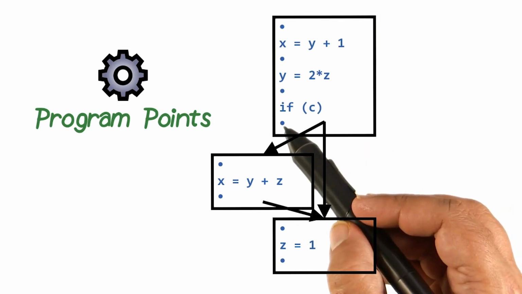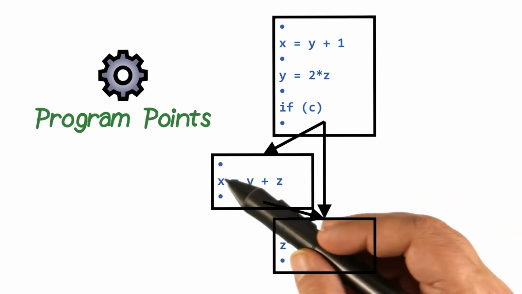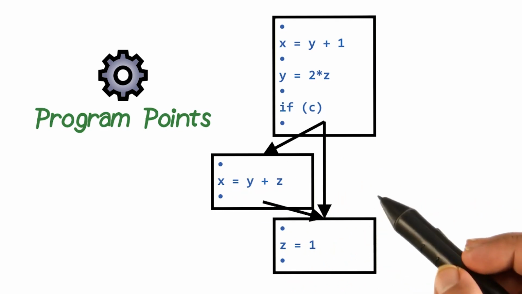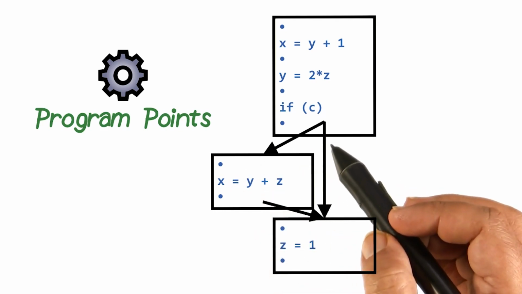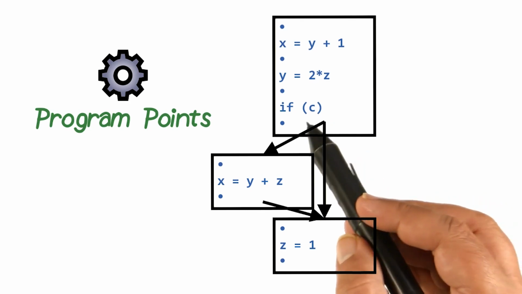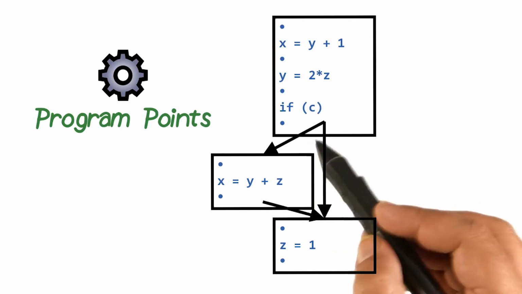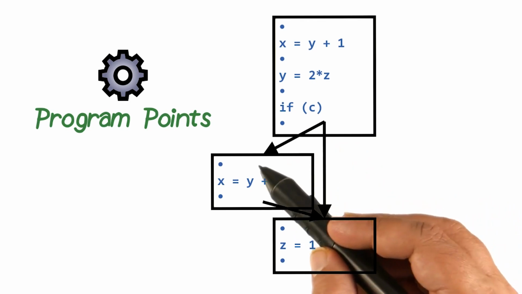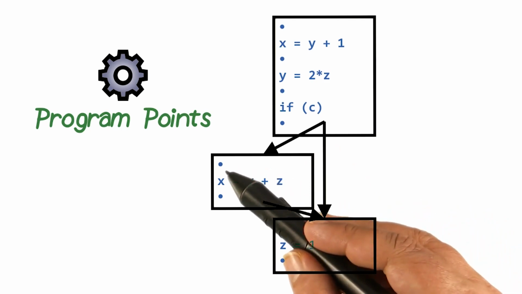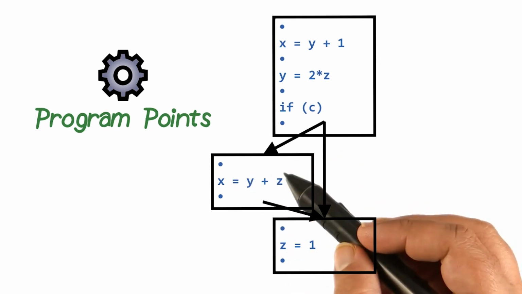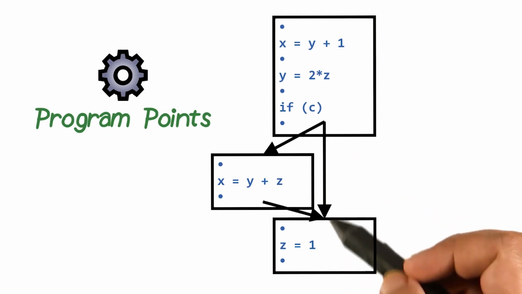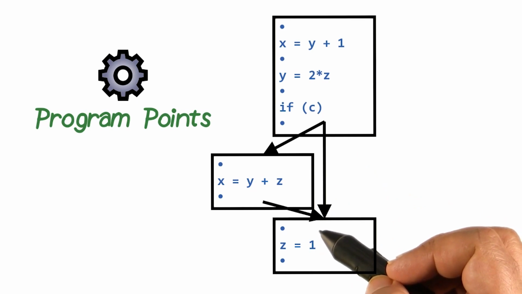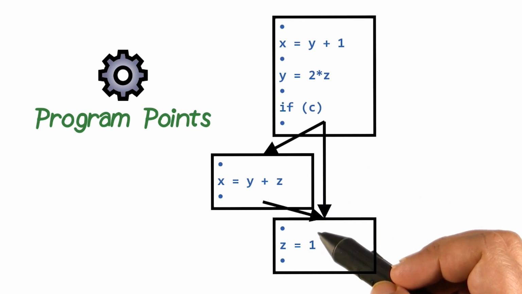Note that this program point at the end of B1, which is at the beginning of B2, and which is at the beginning of B3, are all different program points because they signify different control flow orderings. Before we resolve which way to go, there is a program point here, and once we resolve, if we are going on the fall through path, this is the first program point on the fall through path, and here is the first program point on the branch taken path in this basic block.